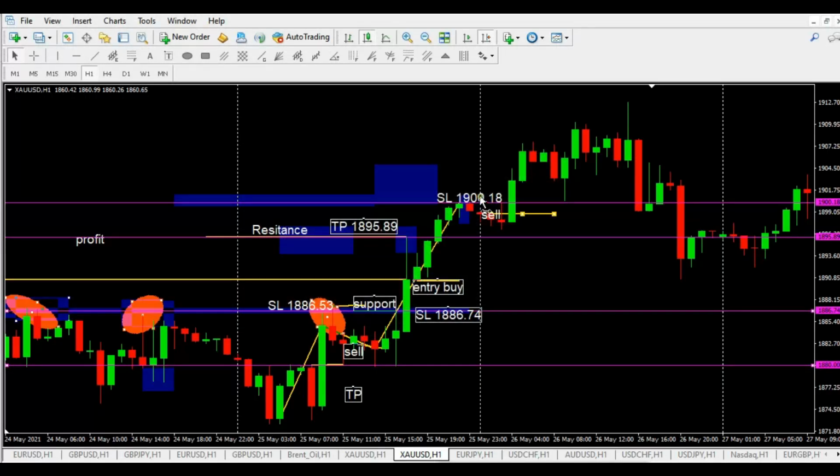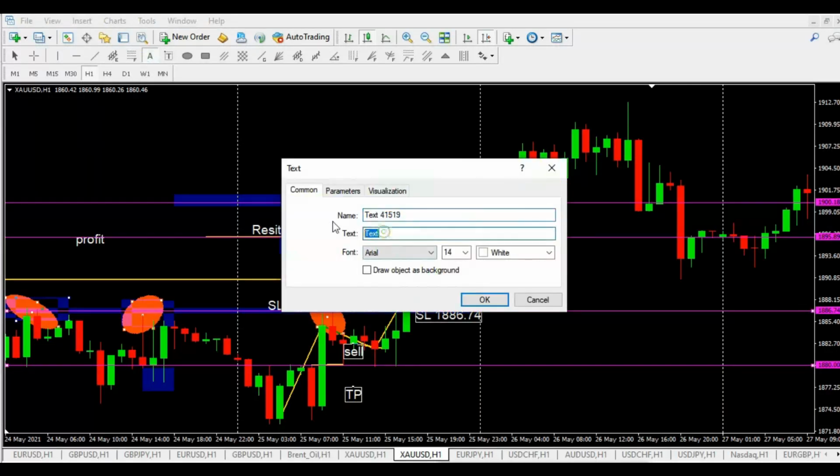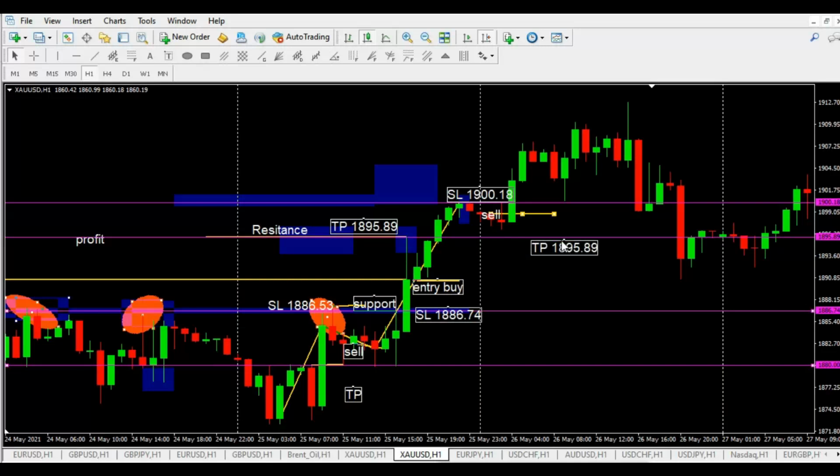This is our stop loss, and our take profit is here, 1895.89.